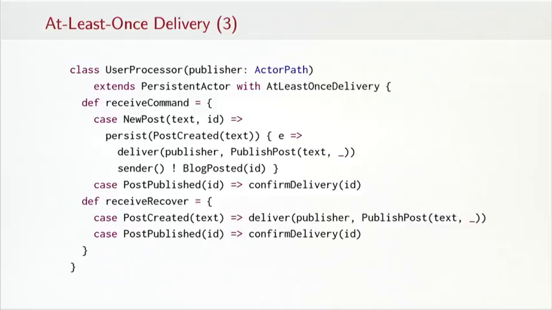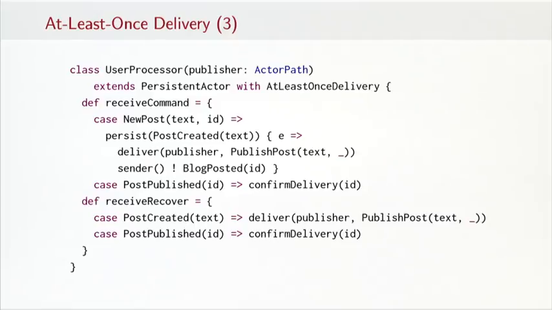Picture this actor crashing after 3 years and handling thousands of blog posts. Then it will, for all of them, see a post created and a post published pair, which means it will start redelivery of something that was 2 years ago and then immediately stop redelivery.